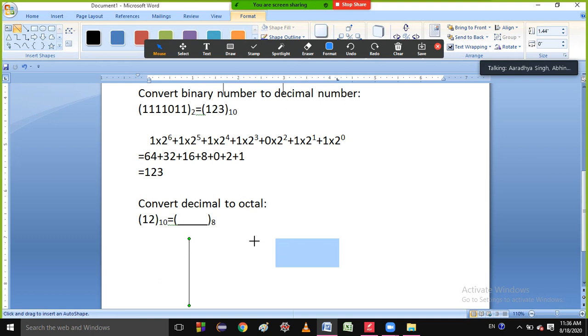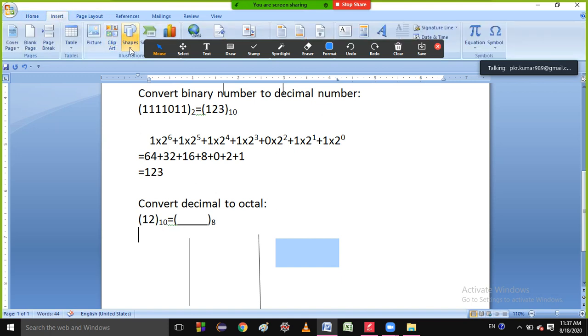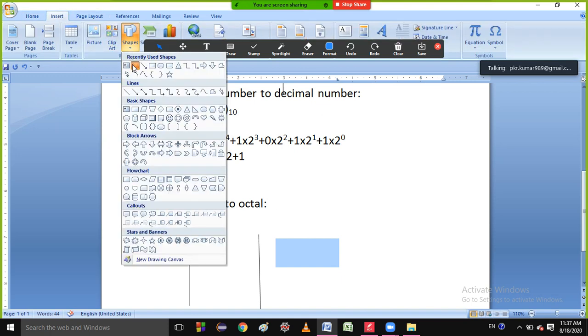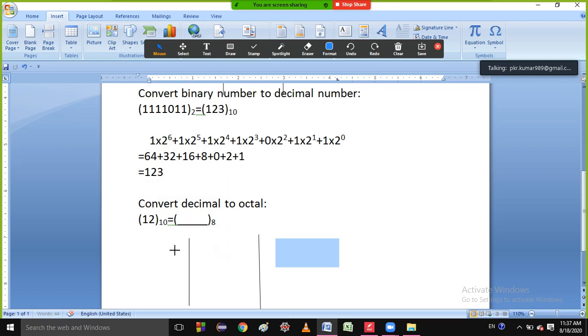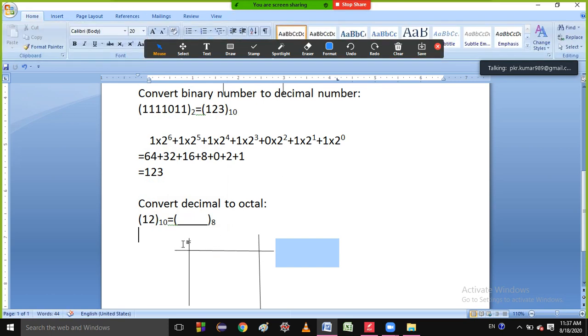Okay, so how will you do it? For converting decimal to binary, we divide by 2. But for converting decimal to octal, we need to divide it by 8. Is it clear to everyone?